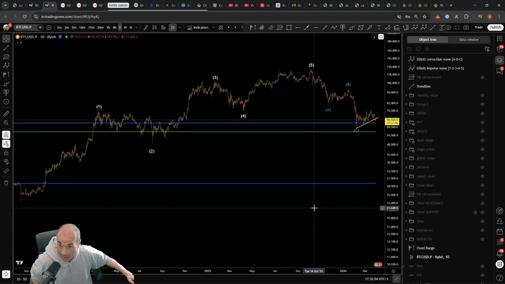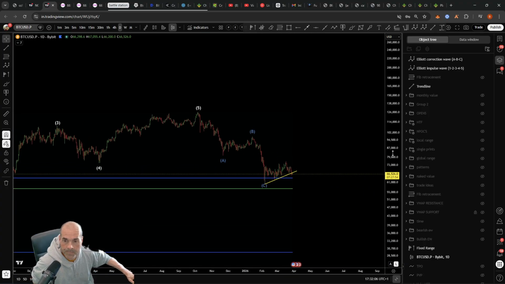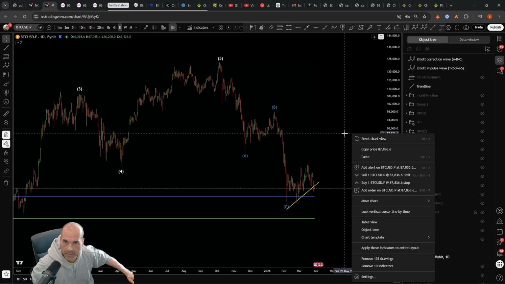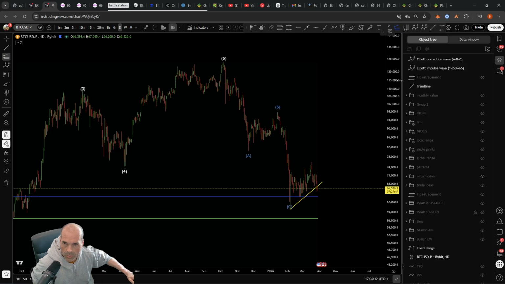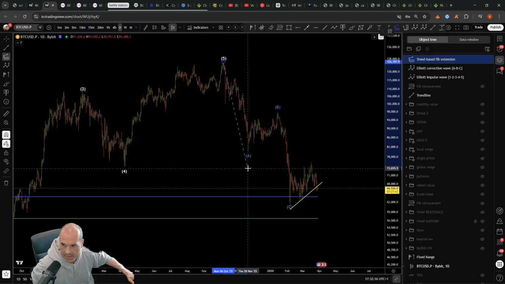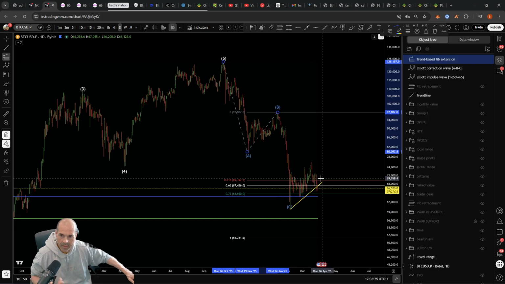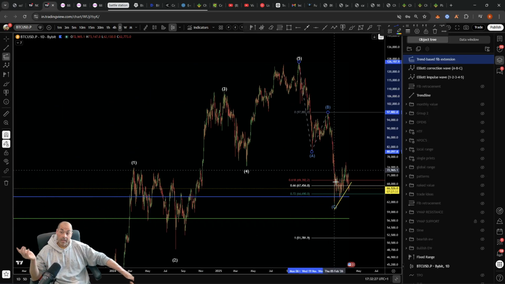And then what we also have is this Fibonacci extension, a cool little tool. You measure from the top of this impulse to the bottom of this impulse to the top of this impulse, and then there we are right inside of a golden pocket.